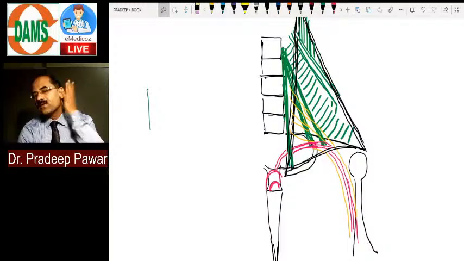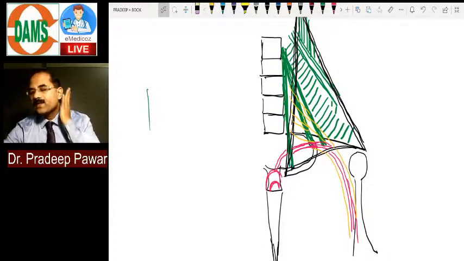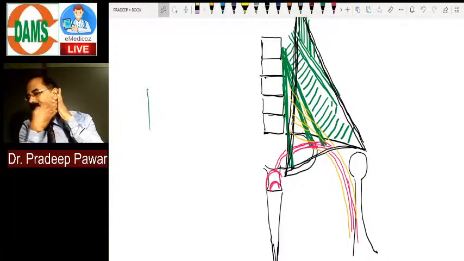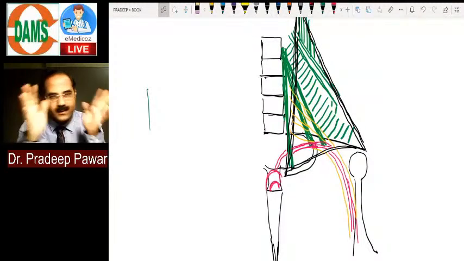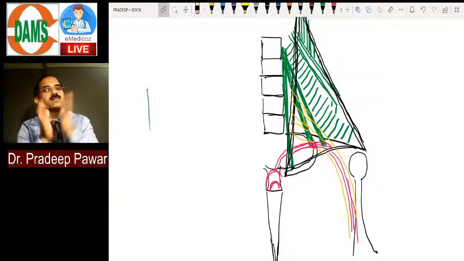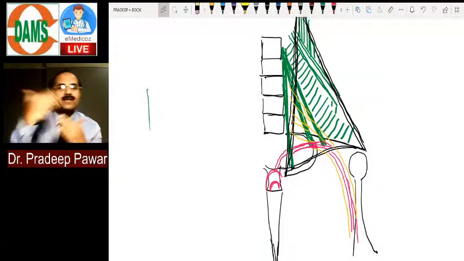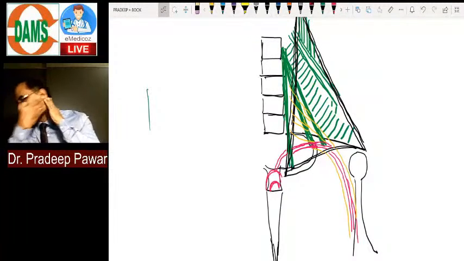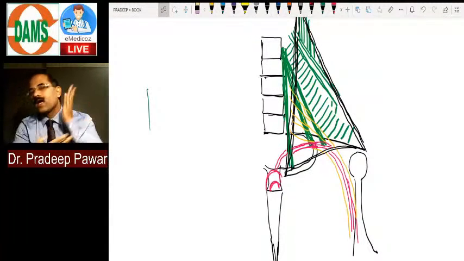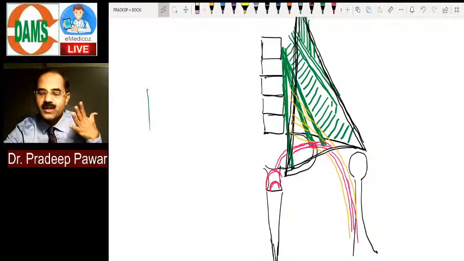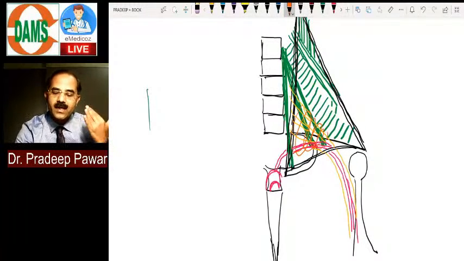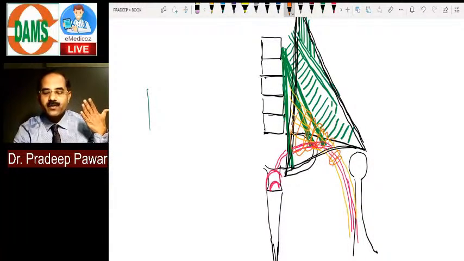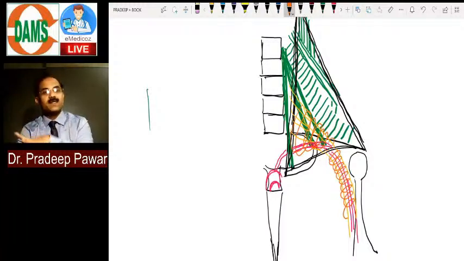The brachial plexus and subclavian artery lie between the scalenus anterior and medius, and they have to pierce this pre-vertebral fascia and come out. As they pierce it, the same pre-vertebral fascia will enclose them, and it will be carried into the axilla.